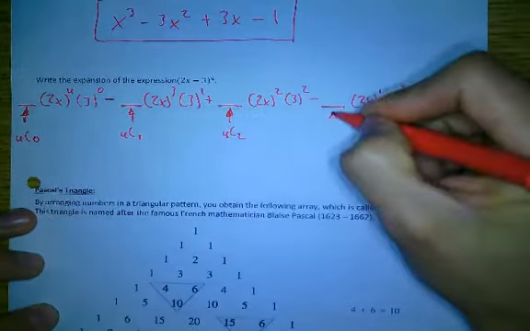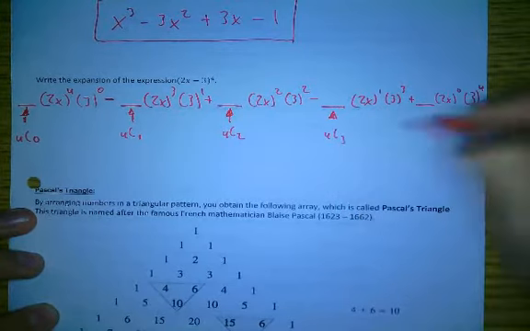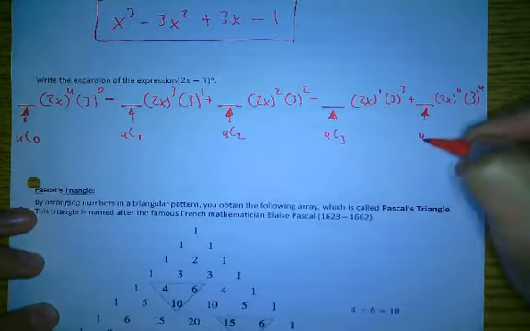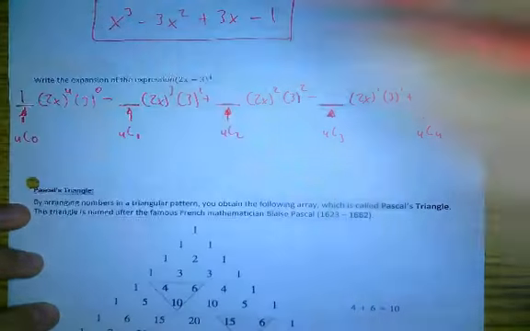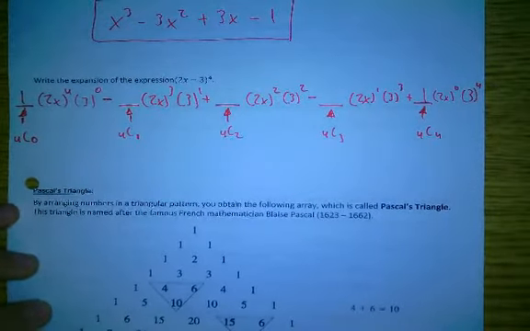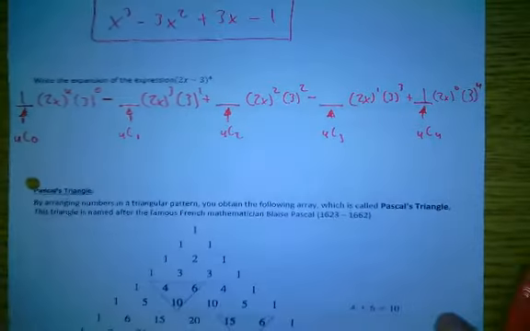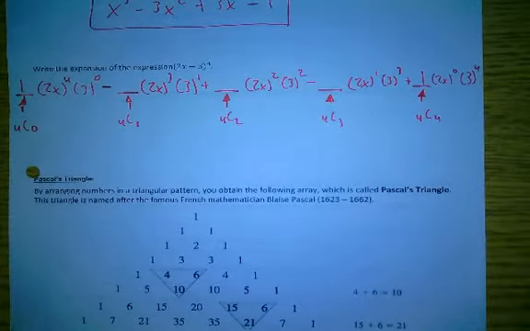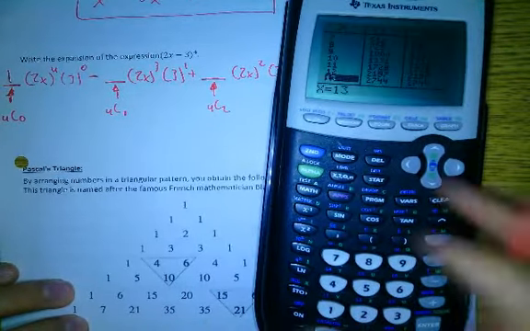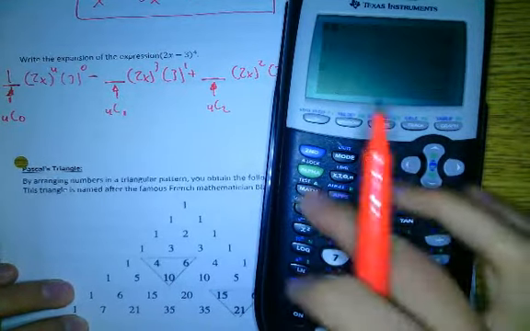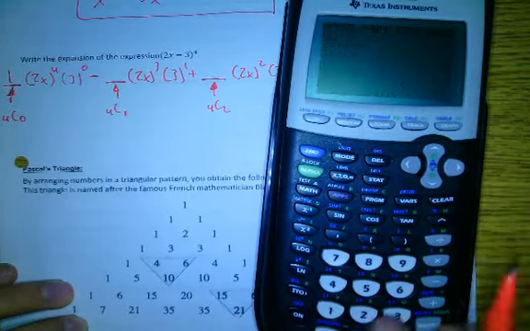Right away, you should be able to tell that this is 1 and this is 1. And if you actually work those out, I'm just going to do them on the calculator now. So, 4 choose 1. 4, math, probability, choose 1, it's 4. Then 4 choose 2 is 6.